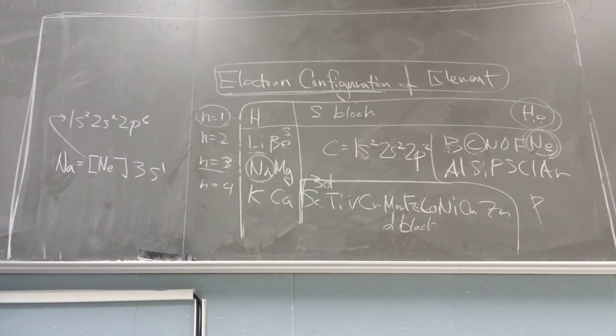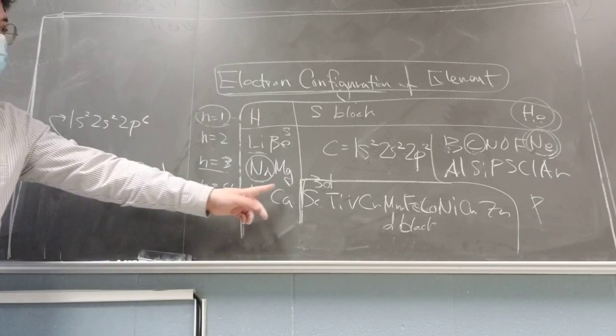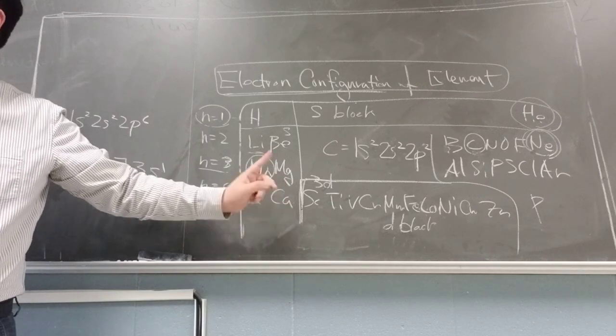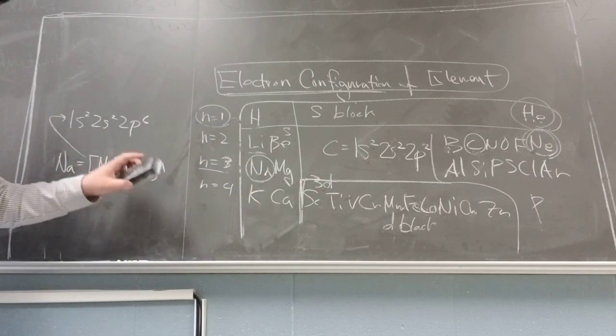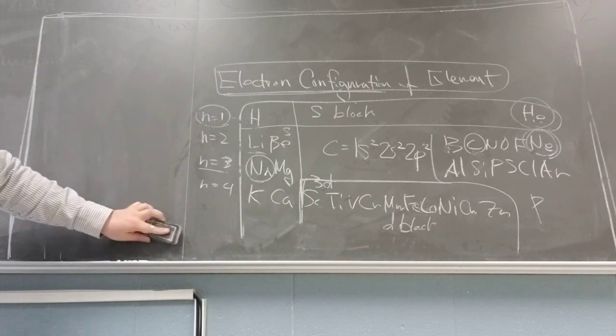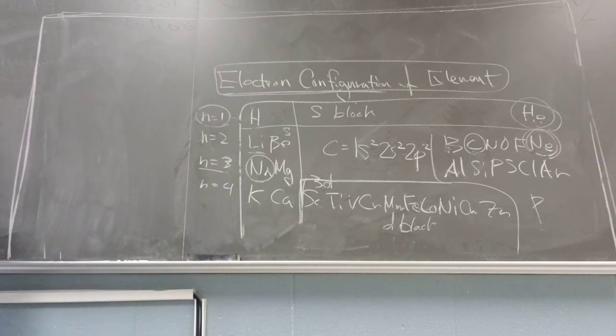Okay? Does it make sense? Okay. So can you guys do maybe magnesium? You can try. Either way, the long version or abbreviated version. We'll do this together. And also probably sometime on Wednesday.